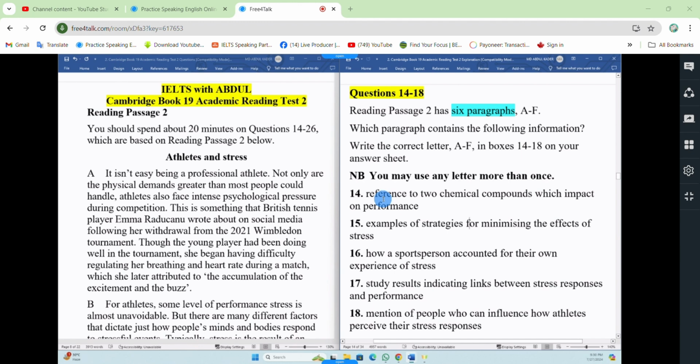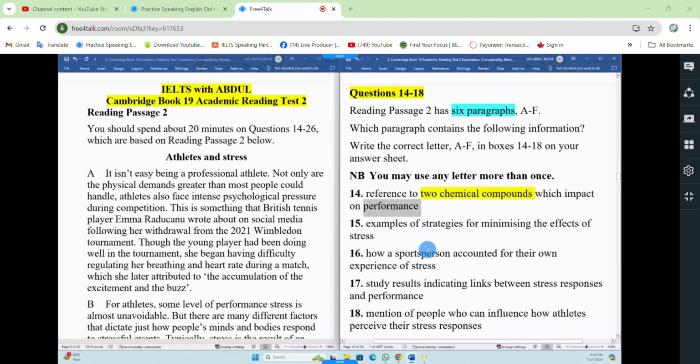While we are reading a sentence, we should consider the words properly. The word reference means someone is referring to two chemical compounds. So here, mention. Okay, so two chemical compounds are there. I'm going to highlight these two chemical compounds which impact performance.